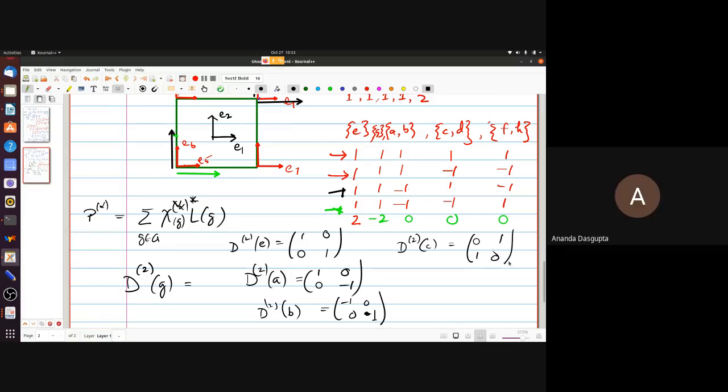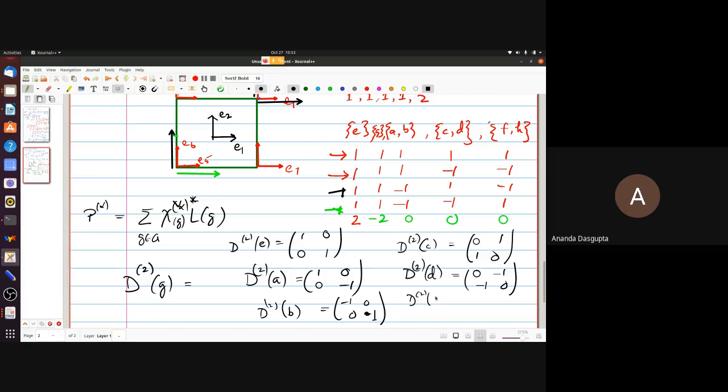Even in the position operators, this will not come at all. E2D. D is this reflection. E1, E2 will change to minus E2, E1. So all these matrices are pretty easy to write down. And just the diagonal elements, that's all.